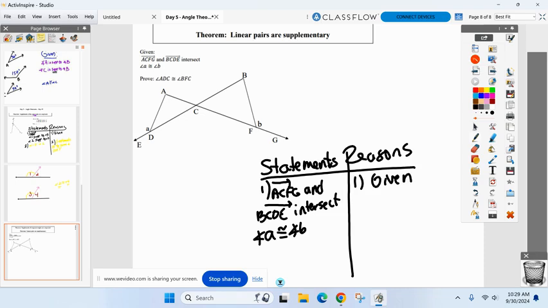Watch what you're marking. Capital A is not congruent to capital B. Please don't mark that on your diagram. It's okay if you did. It's lowercase angle A and lowercase angle B, not the capital ones, so make sure you mark the correct ones.